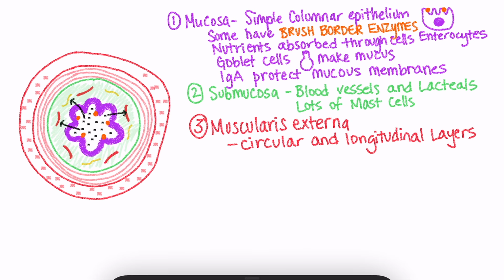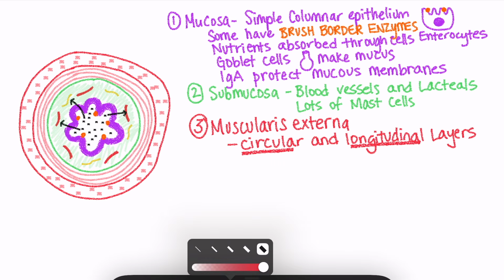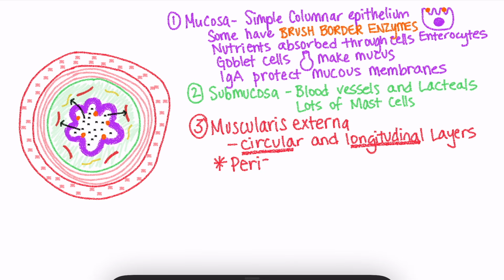What you need to know is that there are 2 layers: a circular layer and a longitudinal layer in most parts of the GI tract. The purpose of these is to perform peristalsis, which is going to move the foodstuffs along in a forward fashion. So I'm going to say moving it along.